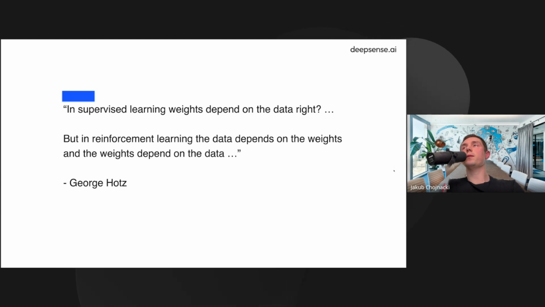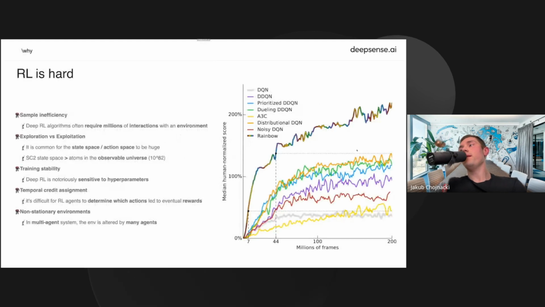When your agent is interacting with the environment, it's gathering the data using some weights via your neural network. And later, the policy is updated given the data that you have gathered. So we have a cycle there, and this is one big reason why RL is hard in principle.